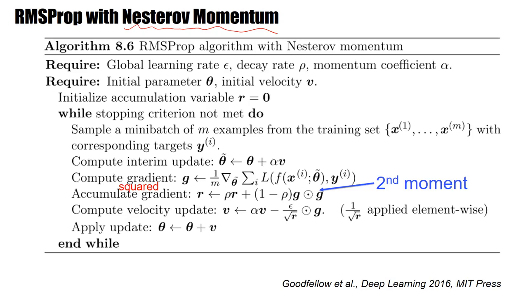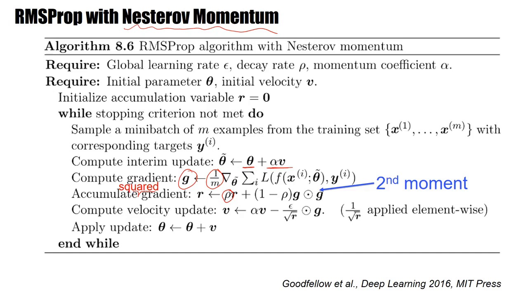The Nesterov momentum means that we evaluate the gradient not at the momentary parameter, but at this interim updated parameter value where we already sort of virtually move forward. The gradient is evaluated again as an average over the mini-batches of size m. The squared gradient is accumulated over some time period that's characterized by the parameter rho.